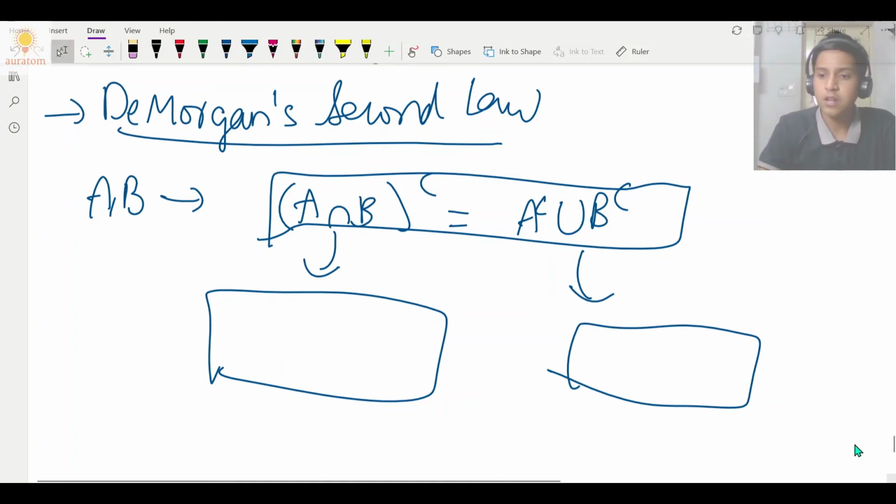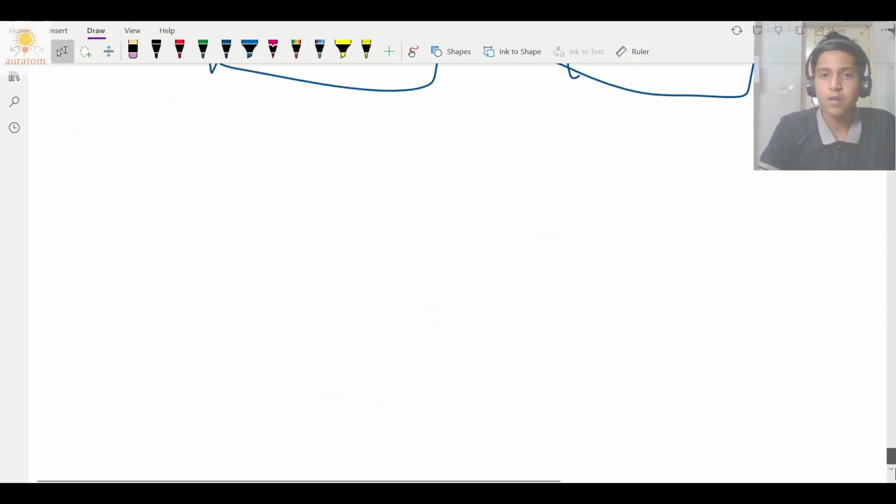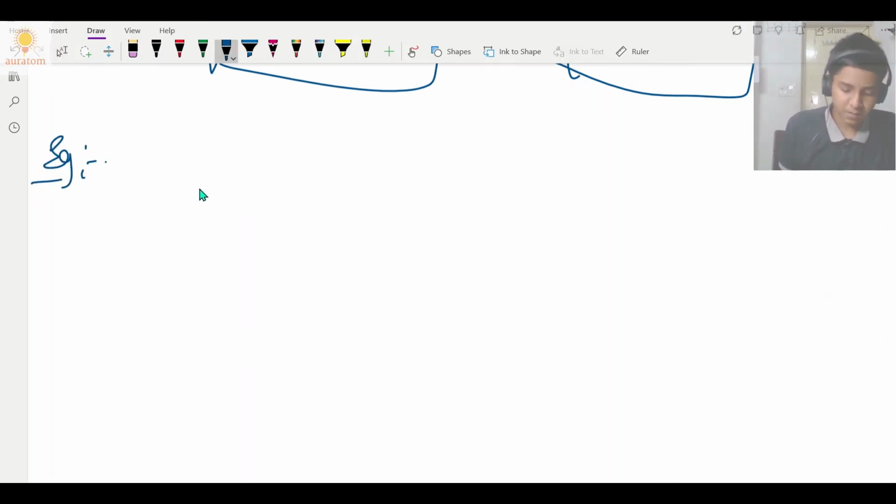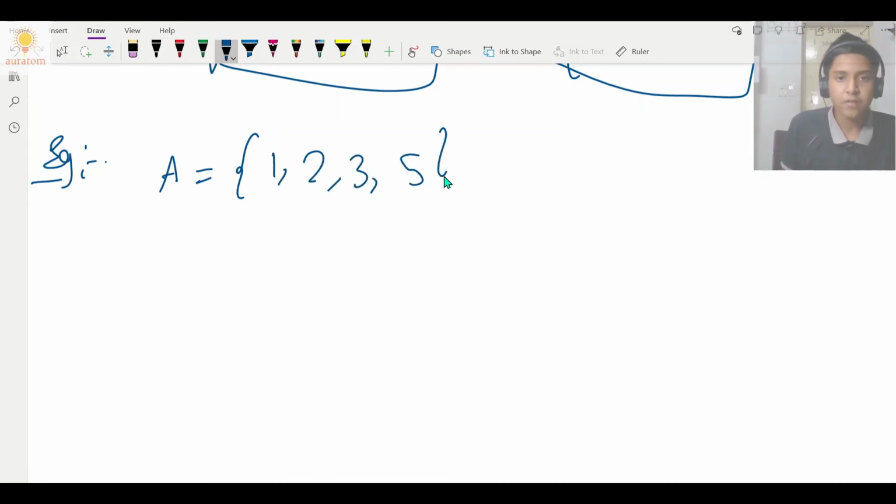Let's do an example based on what we have learned, De Morgan's laws. In this example, let's take A to be 1, 2, 3 and 5. Let's take B to be 2, 6, 5 and 9.